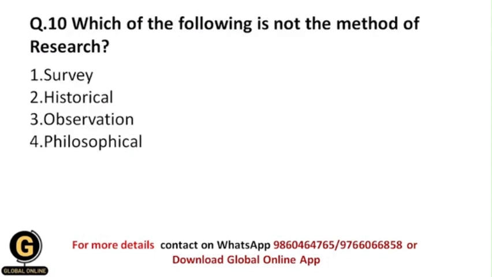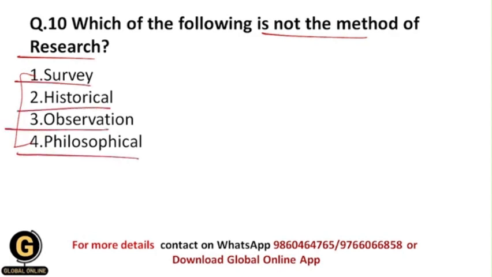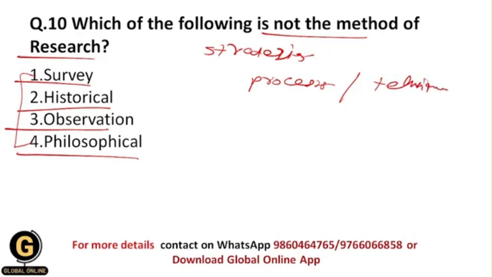Okay, next is which of the following is not a method of research. Now from these options, which is not a method of research: survey, historical, observation, philosophical. Now students, we need to understand exactly what a method of research is. So a research method basically comprises strategies, processes or techniques that are utilized to collect data or evidence so as to reveal new information or create better understanding of a topic.